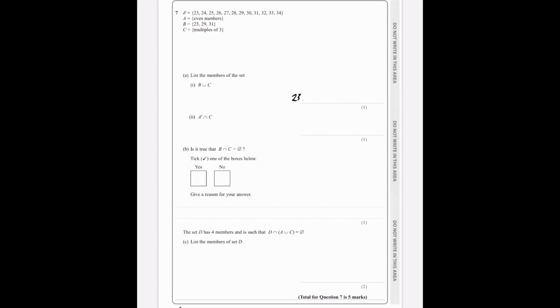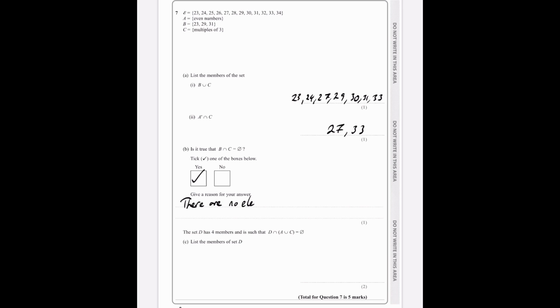Question 7, I like to list these in order. B union C, that's anything in B or C or both. And you can see the list in front of you. For part 2, the intersect of A complement and C, that's the stuff that's not in A but is also in C, in this case 27 and 33.